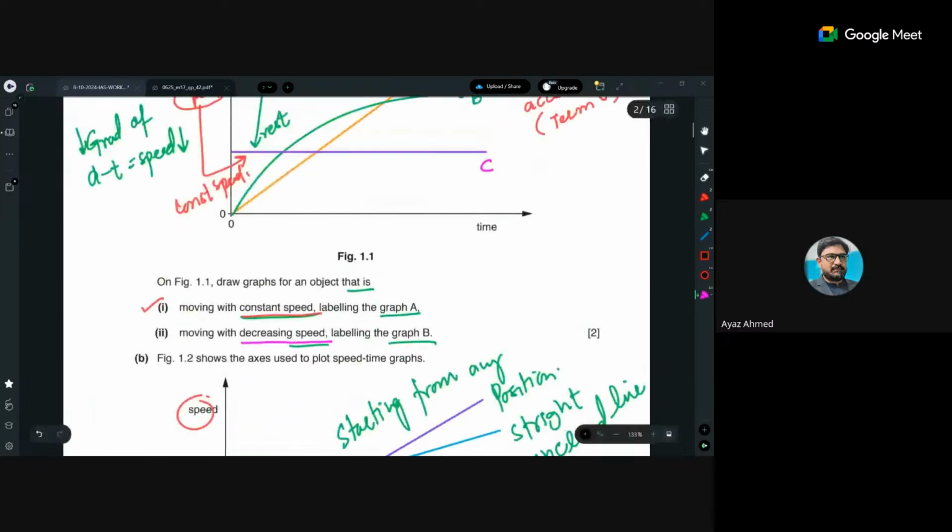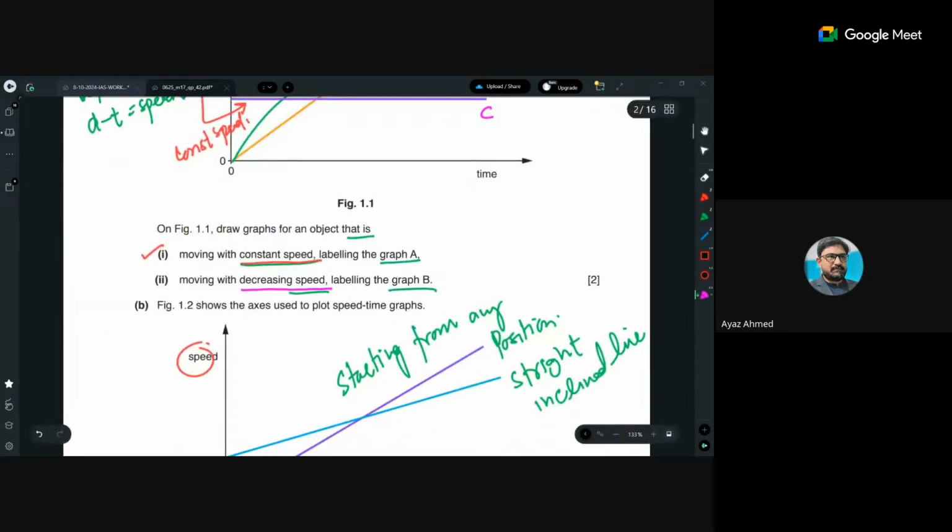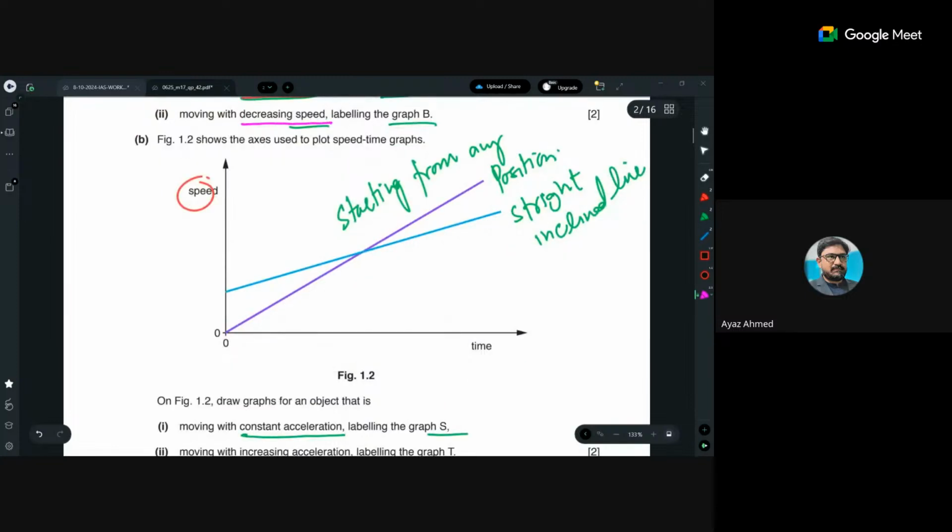So here I told you that B would be decreasing acceleration if it is a velocity time graph or speed time graph. When you are going to draw increasing acceleration, you know that the gradient of speed time is your acceleration. So if the examiner wants increasing acceleration, then you must increase the gradient. That's it. So you have to draw a line just like this.